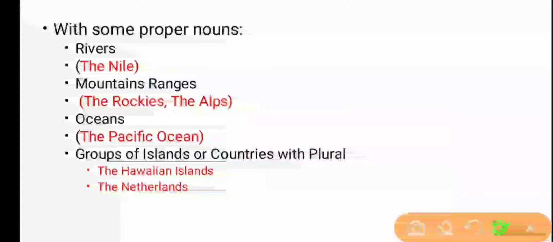Then we use it with oceans. For example, if I say the Pacific Ocean, right? Because they are one of their type and they are proper nouns also, we can use the. If I say a group of islands or countries in plural, for example, the Hawaiian Islands or the Netherlands, these are the places where we use the.